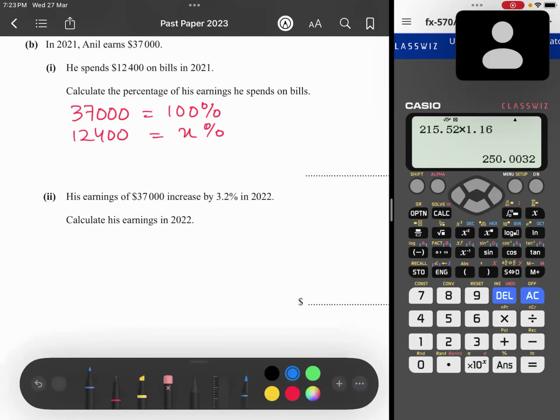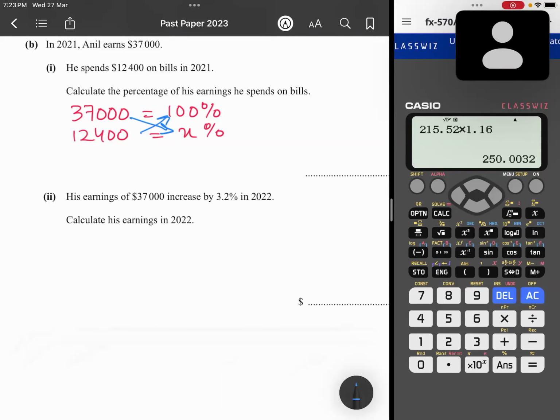Yes, sir. So cross multiplication. 37,000 multiplied by x percent is equal to 12,400 multiplied by 100%. So x percent is equal to 12,400 divided by 37,000.